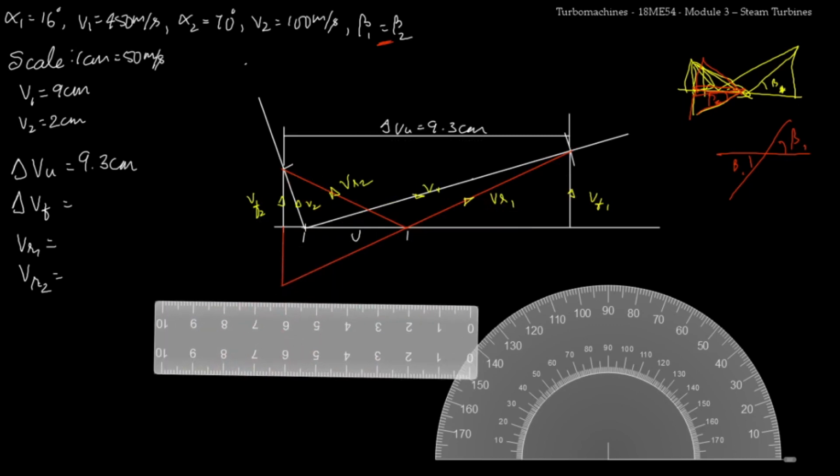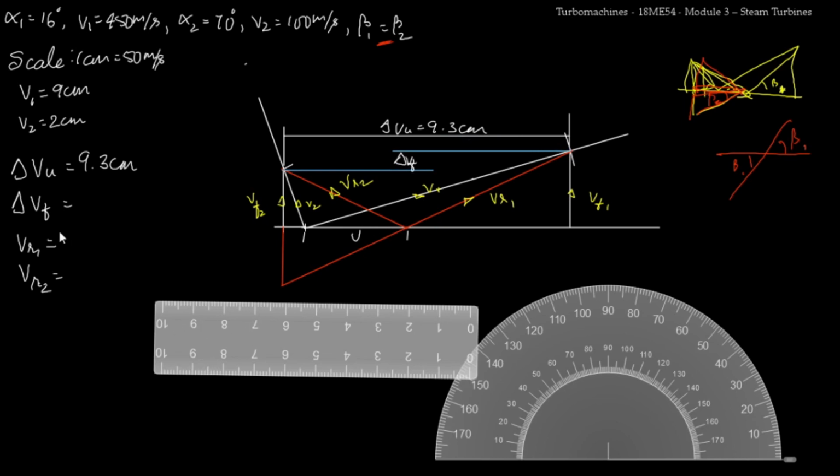For that purpose, I'll draw two horizontal lines, one from the apex of the inlet and outlet velocity triangle. Now I need to measure the vertical distance between these two, and that will be our delta Vf.